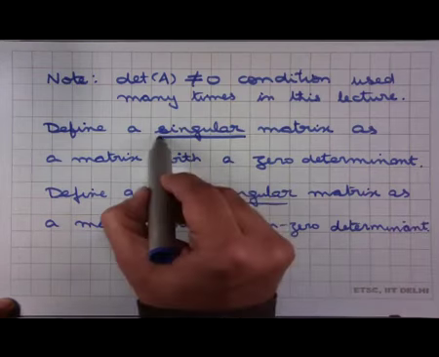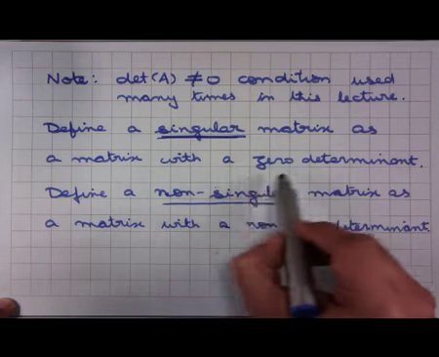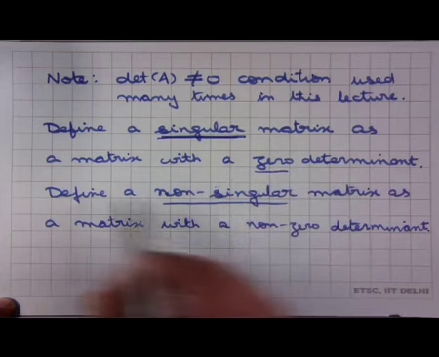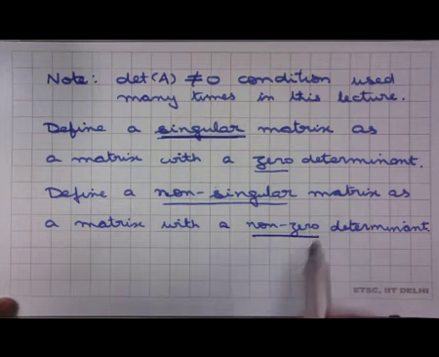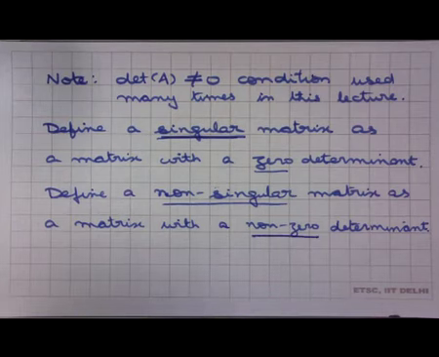So, a singular matrix is one with a 0 determinant, and a non-singular matrix is one with a non-zero determinant. In a sense, we are highlighting the importance of determinants in defining classes of matrices as either singular or non-singular, depending on whether their respective determinants are 0 or not 0.